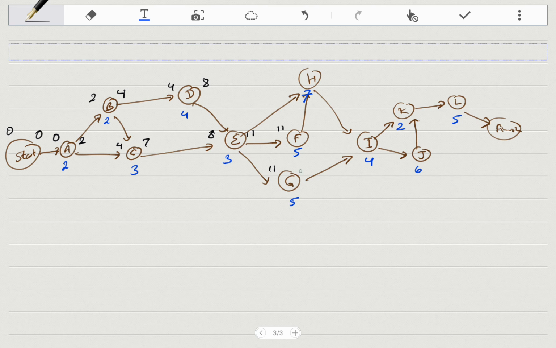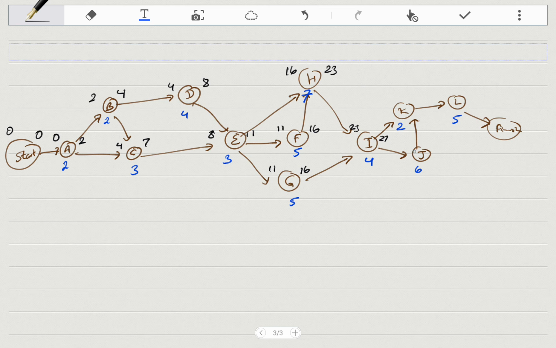11 and 5 is 16, F 11 and 5 is 16. H has two predecessors, F and E, so F finishes at 16, so I have to wait till 16. Alright, 16 and 7 is 23. I has two predecessors, G and H, so I have to wait till 23 to start. 23 and 4 is 27.